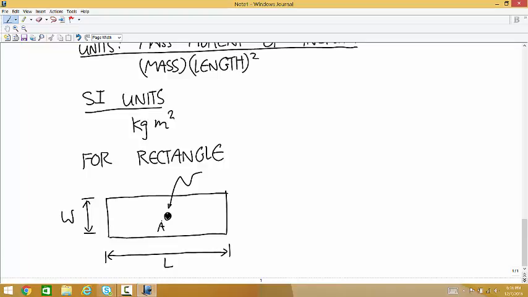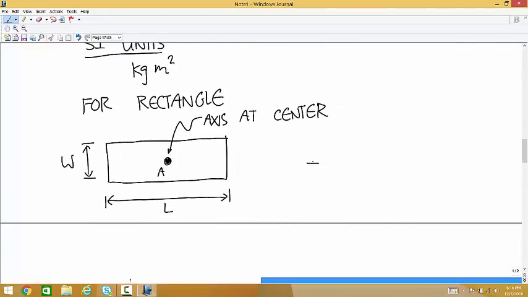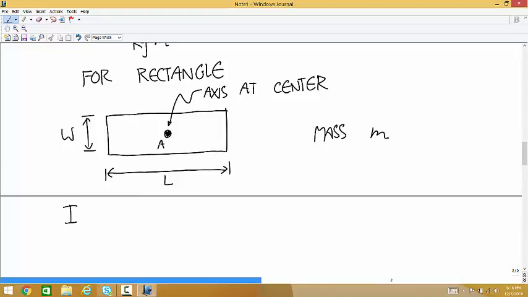So this is what I'll call A. Then the mass moment of inertia of the rectangle, and also it needs to have a mass of m, about A is 1/12 times the mass times the quantity length squared plus width squared.